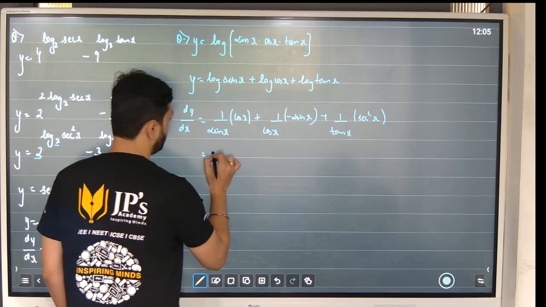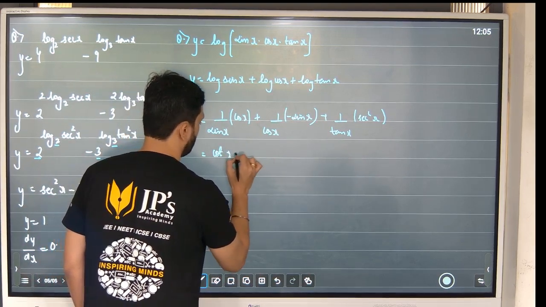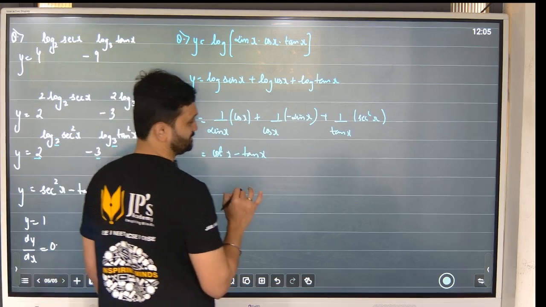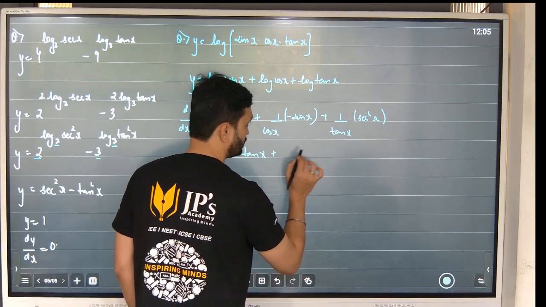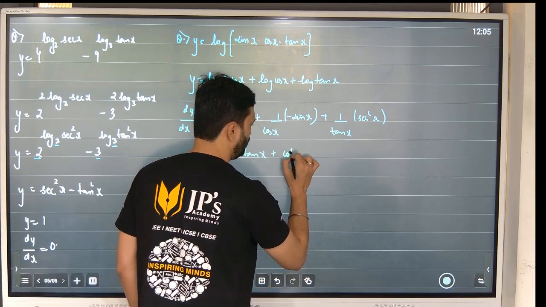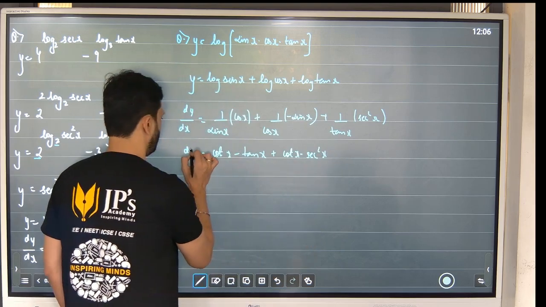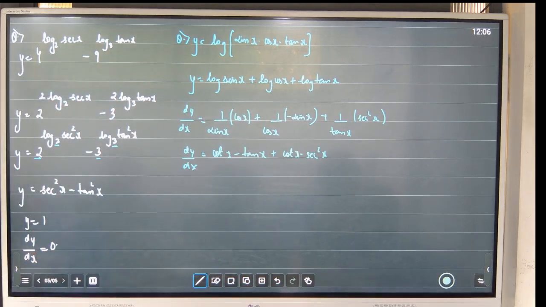Here I will get cot x minus tan x plus cot x sec square x. If I reduce, you can basically, don't reduce it, just write cot x into sec square x, and this is your dy by dx. So this is basic understanding of your differentiation.